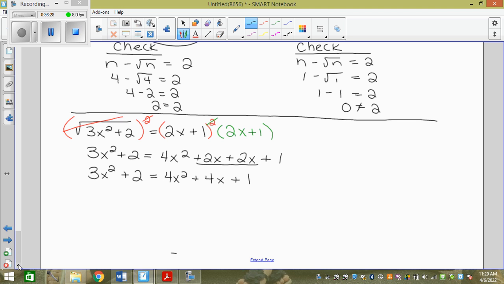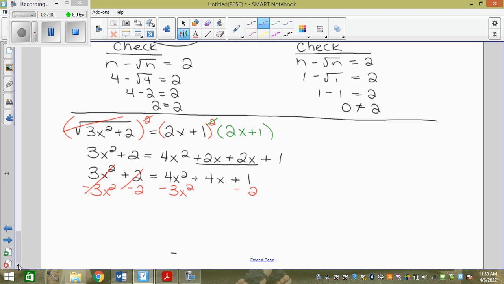I have a squared. Not only do I have a squared, I have 2 squareds. So what do I have to do ultimately? Get everything to one side and set equal to 0. The one that I think will be nicer is if I subtract 3x squared from the 4x squared, I'll just have an x squared, which is much nicer than doing it the other way. I'm going to move the left to the right, so I subtract the 3x squared and subtract the 2.